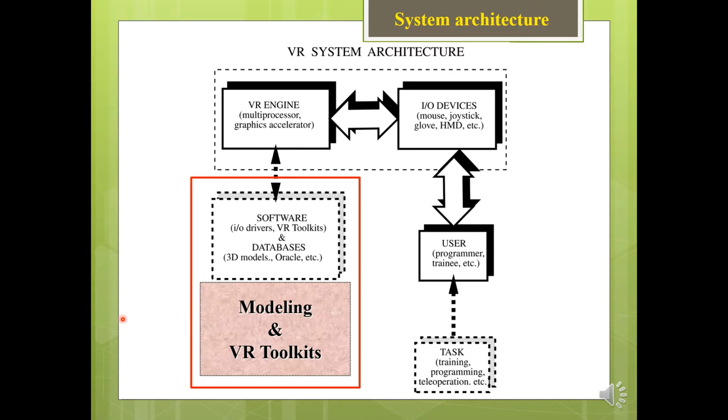So here is the VR system architecture, where basically we receive the task from the user, and then the user will need to interact with the VR engine through the input devices. The VR engine will request the task or the related VR action inside the software or database, and this software and database will send the requested task back to the VR engine, and then we send it back to the user through the output devices.